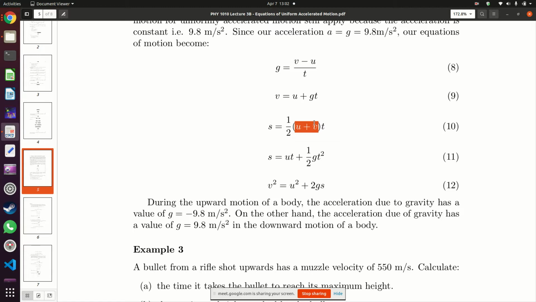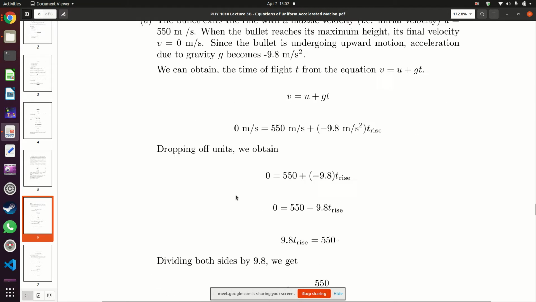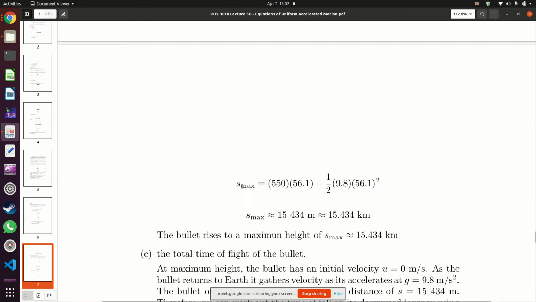Then you multiply that by 56.1, and we get the same thing. So when you use this formula, what you get is actually 15,427.5. The other formula has given us how much?